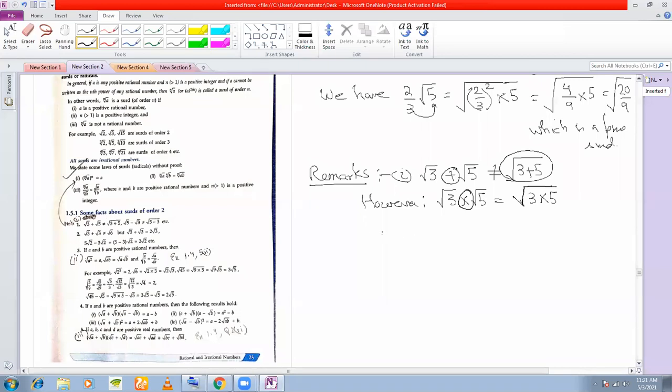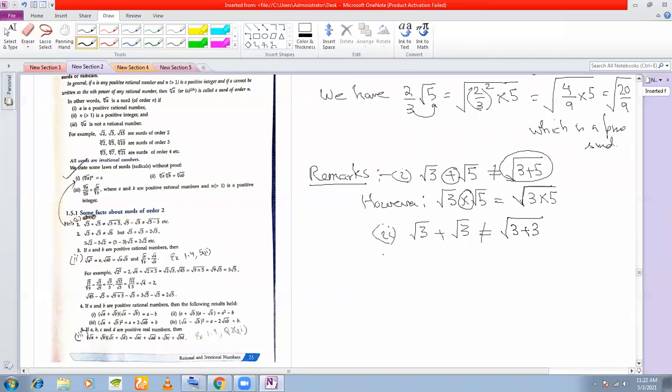Also, second remark and the last remark for today will be that when I am writing root 3 plus root 3, root 3 plus root 3 is not equal to root 6. Let me write it this way. Root 3 plus root 3 is not equal to root over of 3 plus 3.